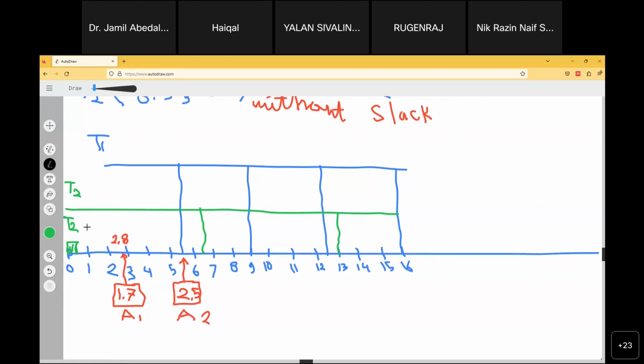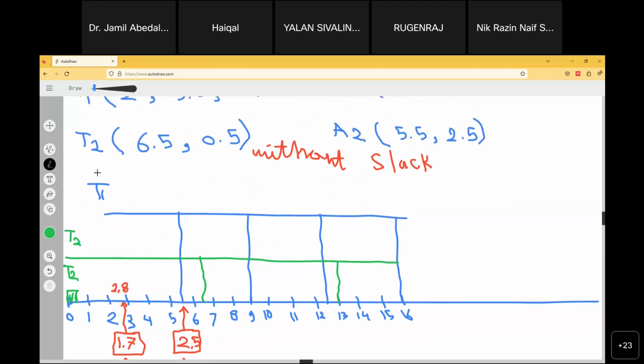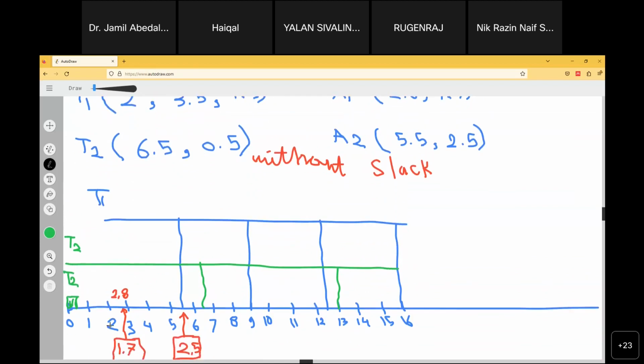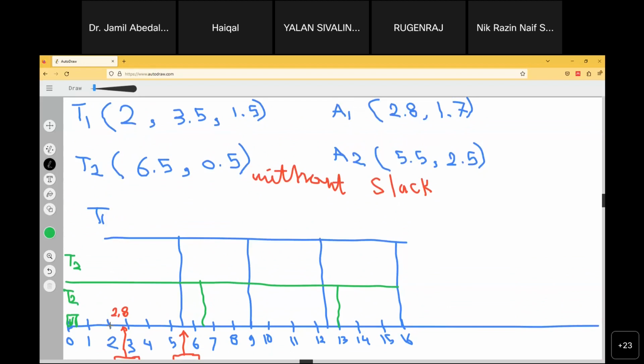Done. What can we execute from 0.5? Nothing. From 1, also nothing, until 2. Why until 2? Because at 2 is the start point of task 1. So at 2, we can execute task 1, since the start point is at 2.